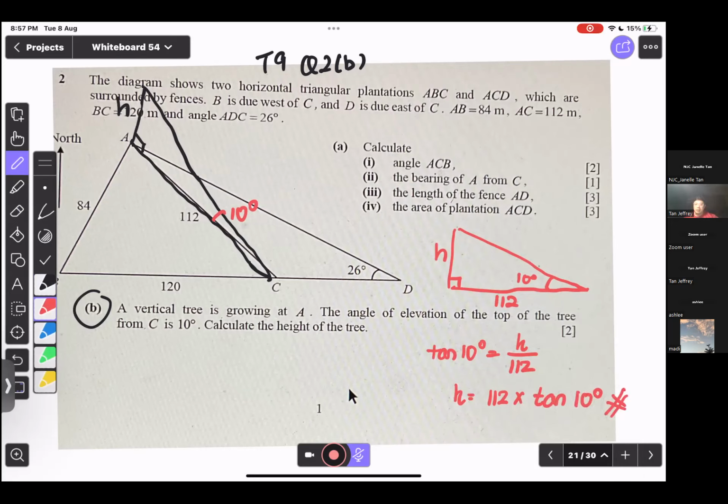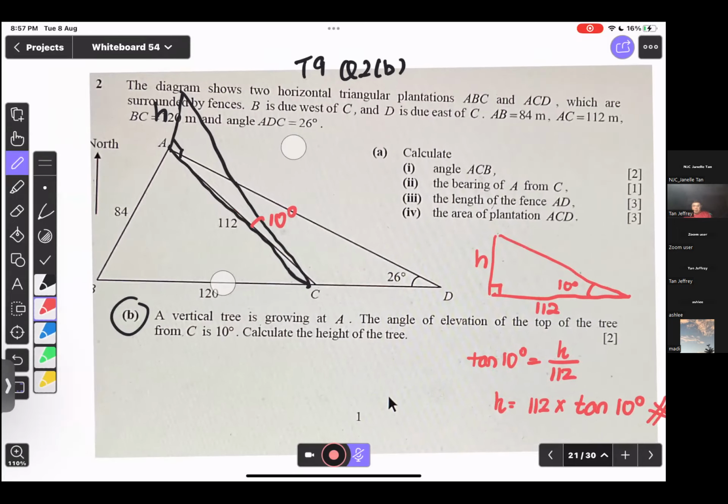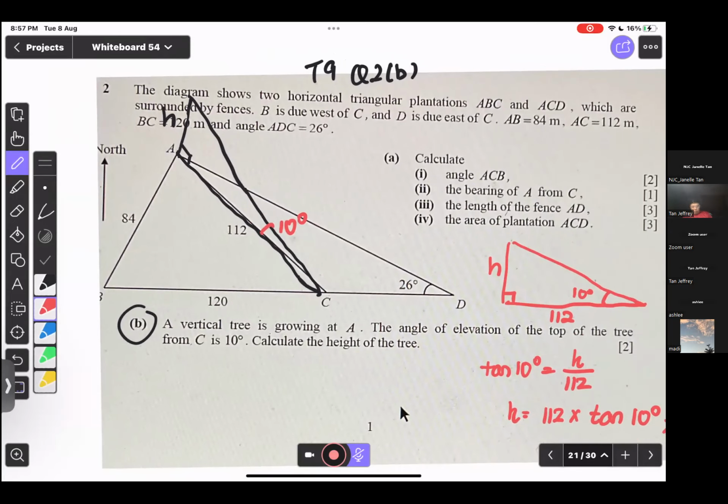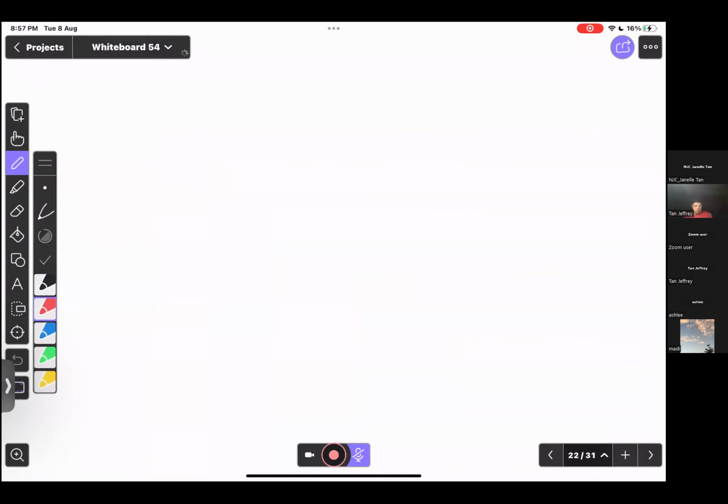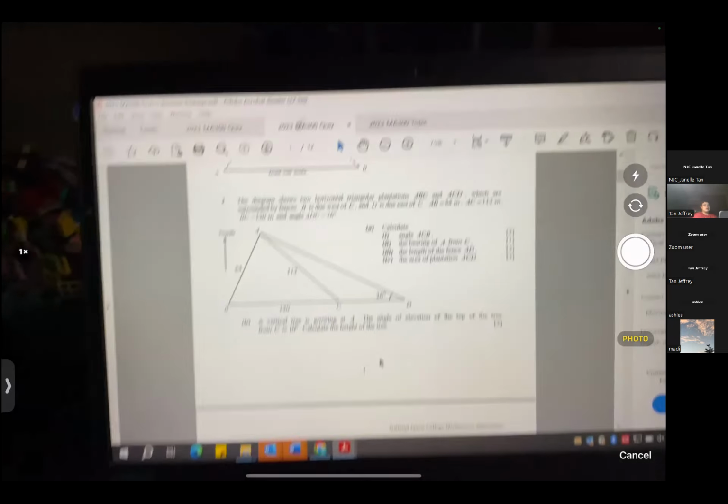Okay, I understand that, but is the tree in the same direction as BA? Because I thought vertical means... Okay, so vertical, I'm drawing in 3D. Can you see my laptop?